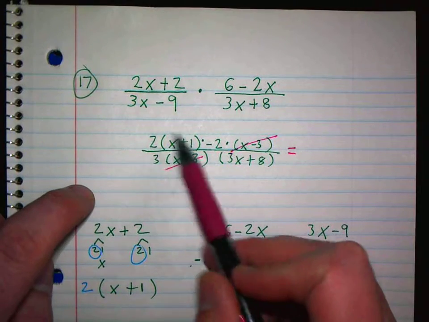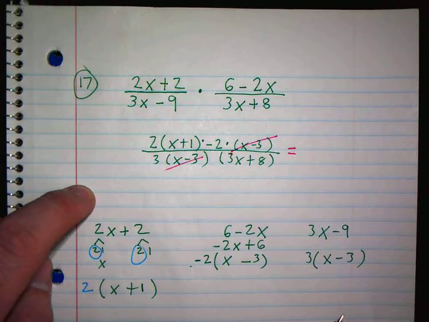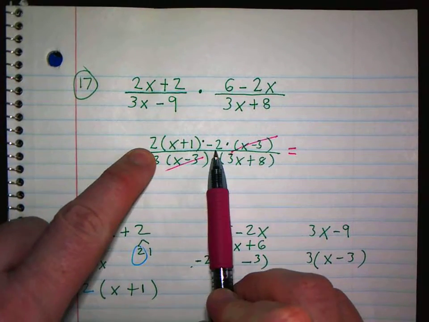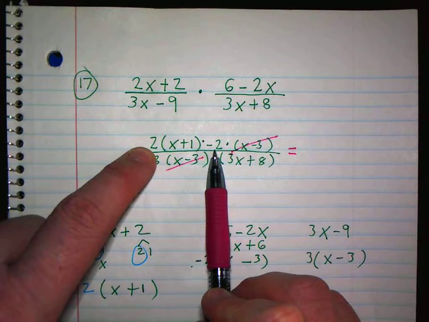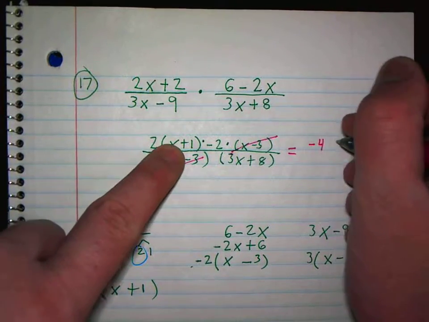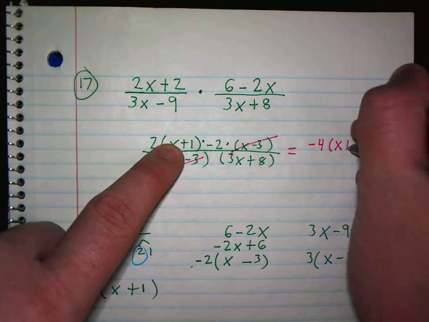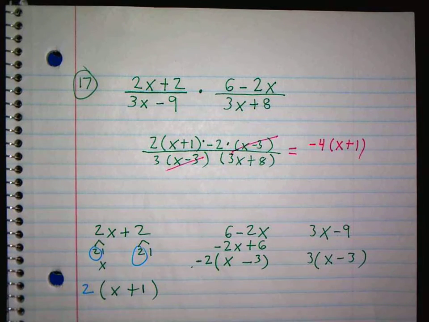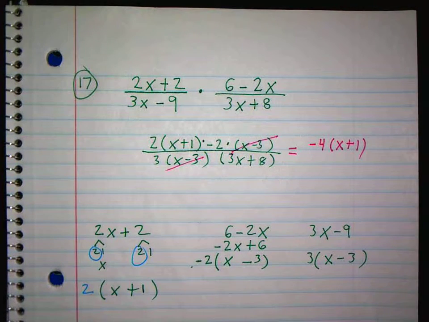Should I distribute? I wouldn't. What I could do is multiply 2 times negative 2, which is negative 4, and just leave that as x plus 1. Now, if you choose to distribute at this point, that's fine. If you really want to, I usually just leave it alone.